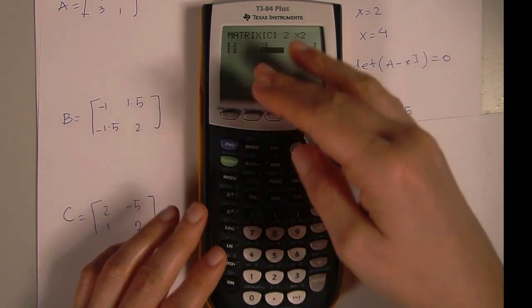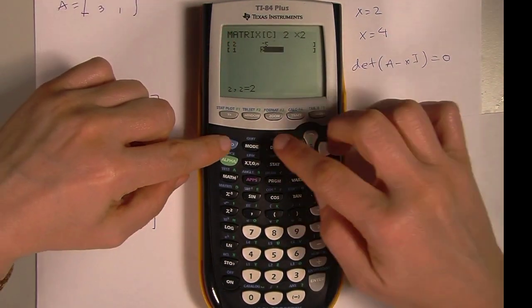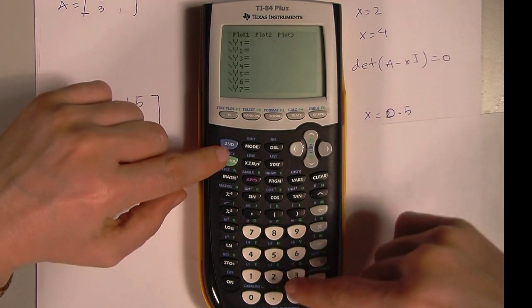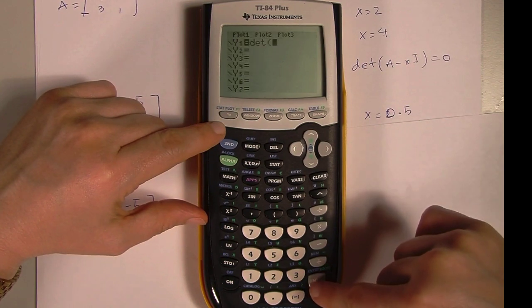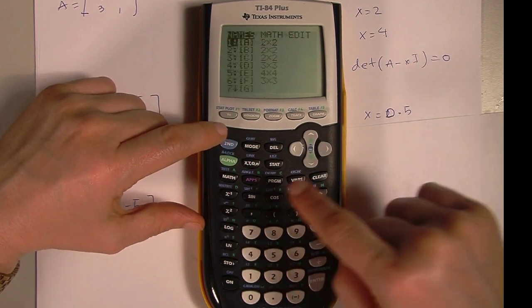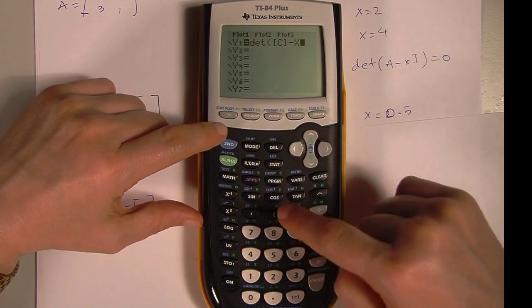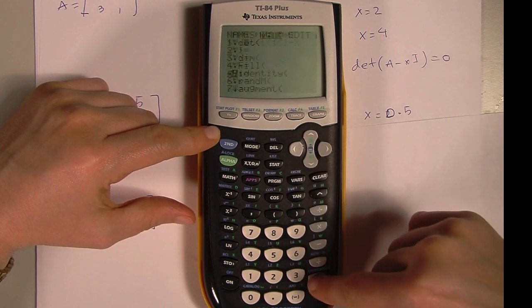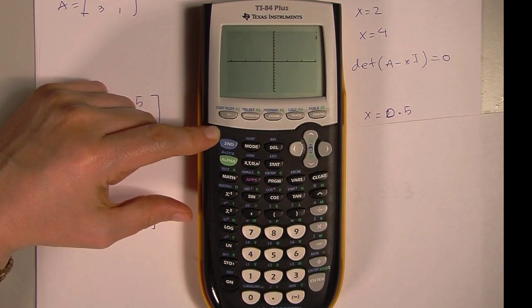And then the next part is to graph this again. So quit the environment, graph. Again, matrix, edit, determinant, matrix, this time C minus X times matrix, identity, and 2. And then we graph.